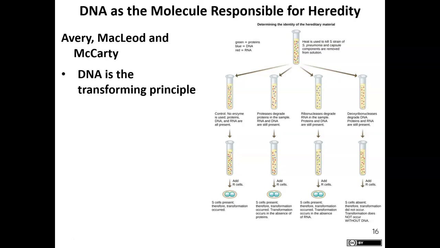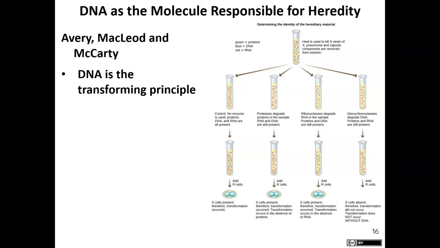So in each of these experiments, we end up with these smooth living Streptococcus pneumoniae. And we started with dead smooth bacteria and living rough bacteria. In one we added the proteases, in one we added the ribonucleases, in one we added nothing. Okay, all of them end with this living smooth strain.